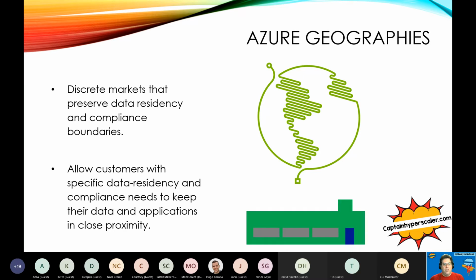The geographies themselves are categorized as Americas, Europe, Asia Pacific, Middle East, and Africa, which are the 5 geographies that are part of the Azure environment. So it's important to understand that regions are just specific data center locations.